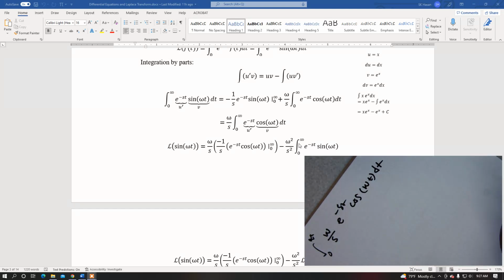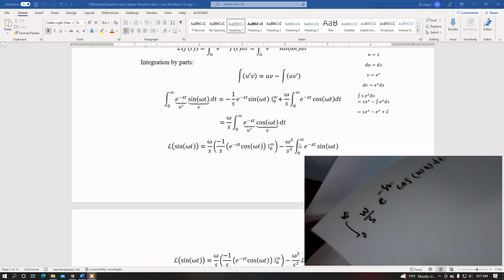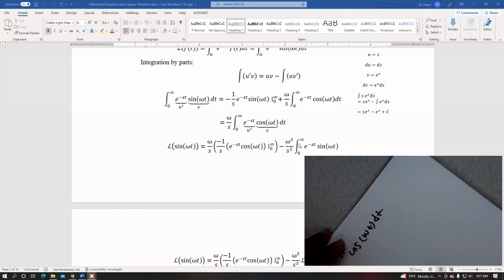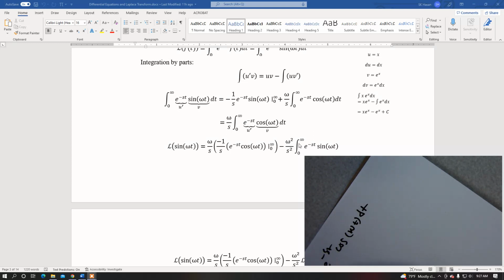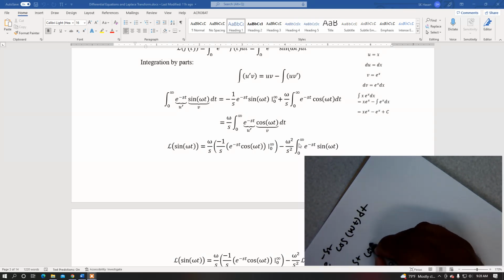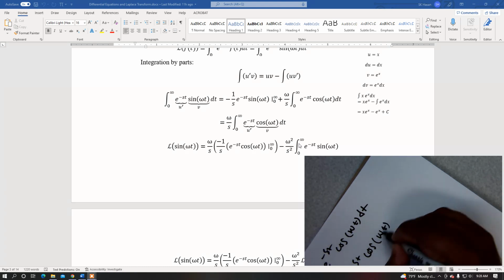This is the expression. Now we need to apply the chain rule again: omega over s times the integral from 0 to infinity of e to the power minus st cos omega t dt.